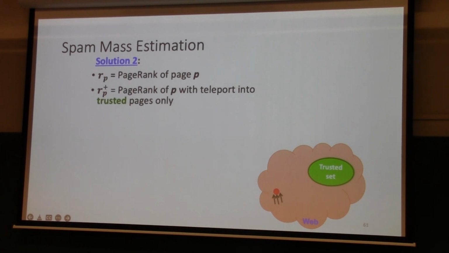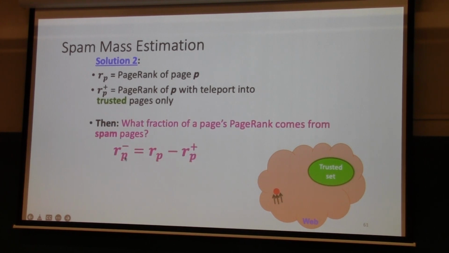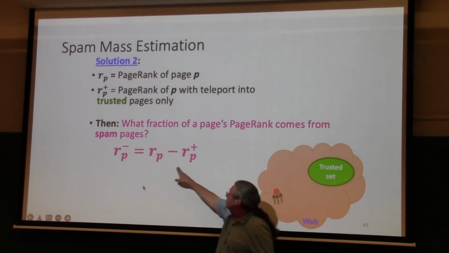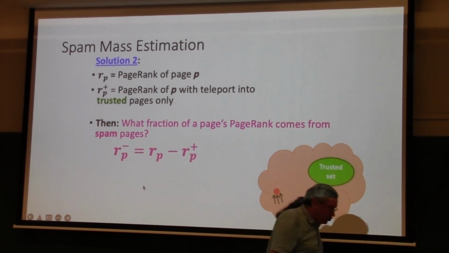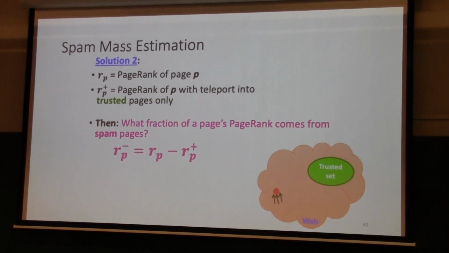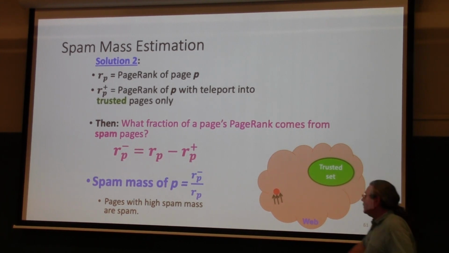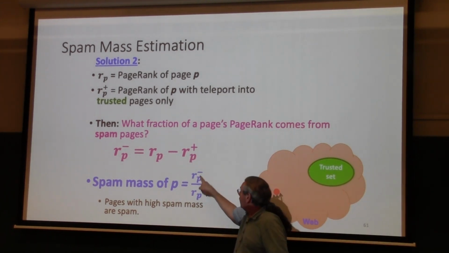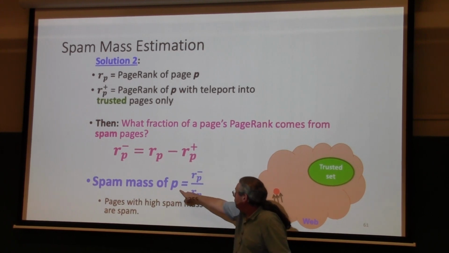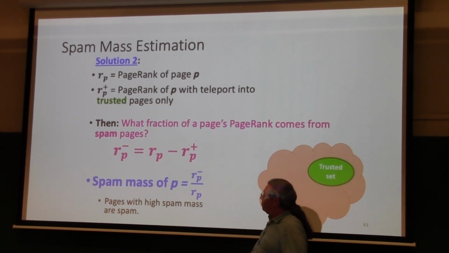r_p plus is the PageRank of p when you teleport into trusted pages only. And then r_p minus is the difference between the two. And this is called the spam mass. How much of the PageRank comes from spam pages? Okay? What fraction of the PageRank is coming from spam pages?